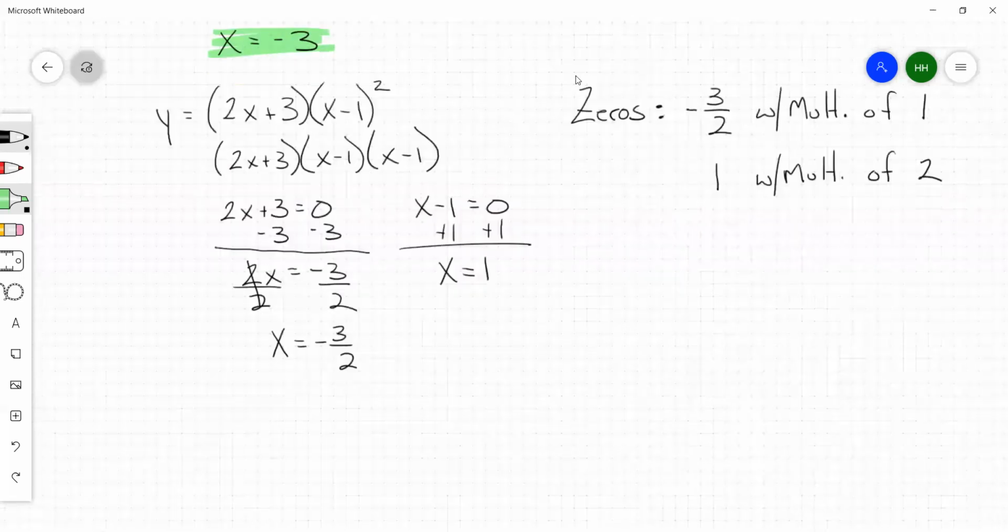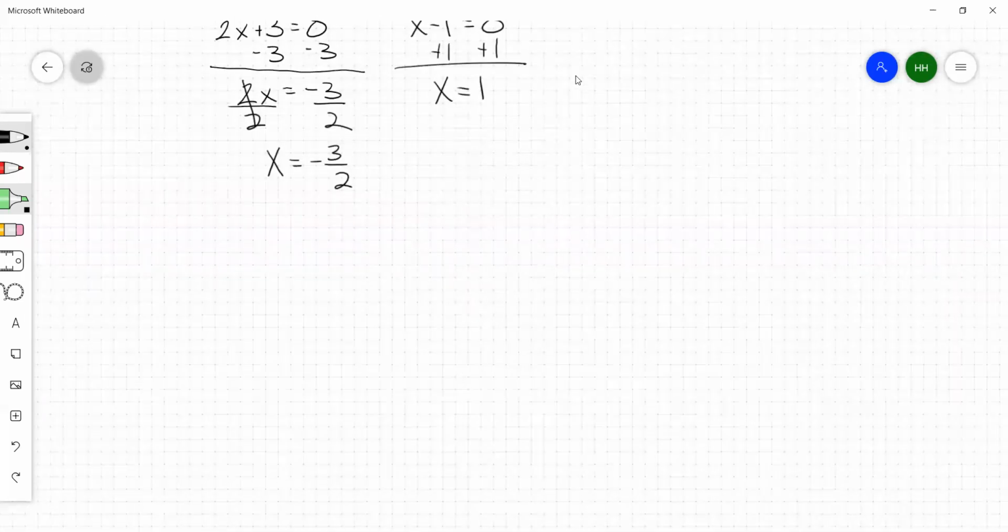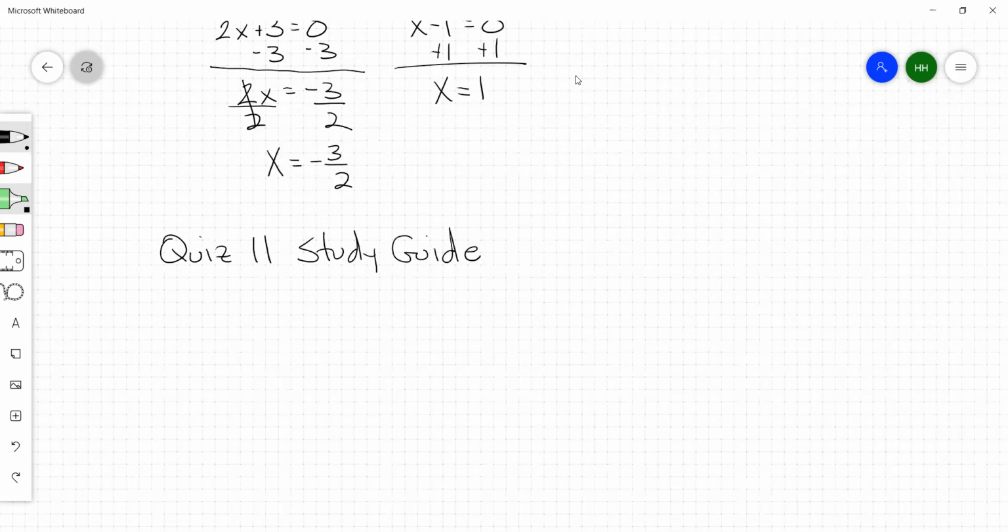Your study guide for quiz 11 is to make sure that you can do every problem that was assigned on Tuesday, okay?